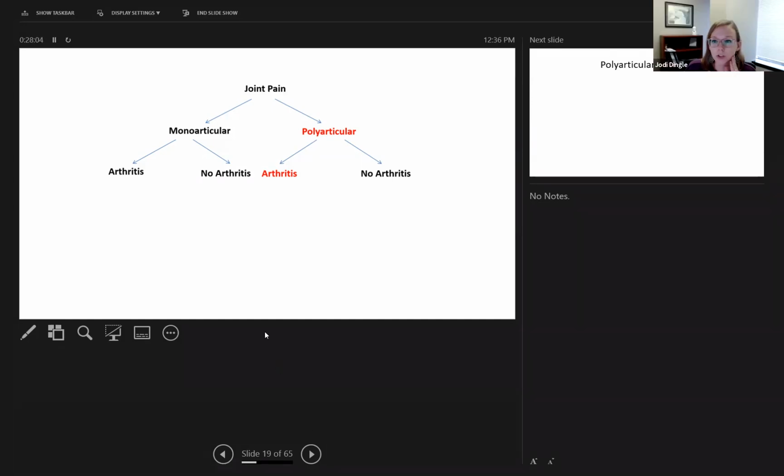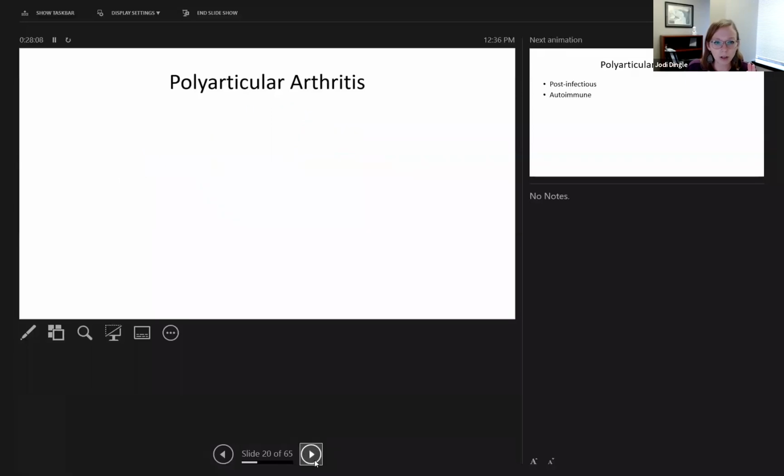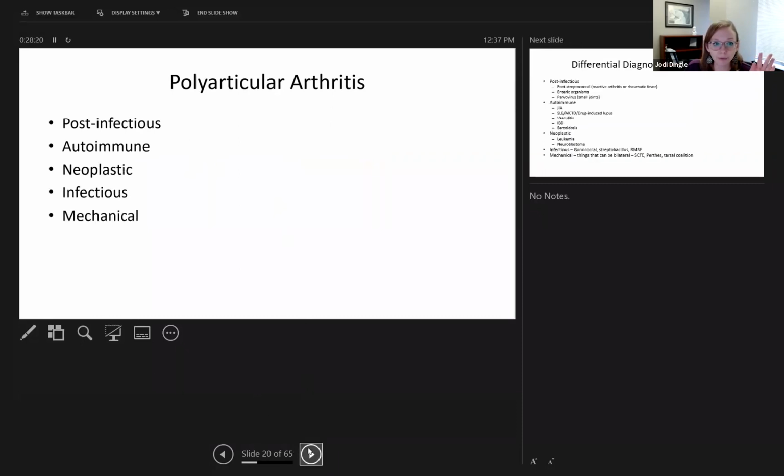All right. So moving on to polyarticular causes of joint pain. Post-infectious and autoimmune are going to be your big two here in the polyarticular with arthritis category, followed by everything else.